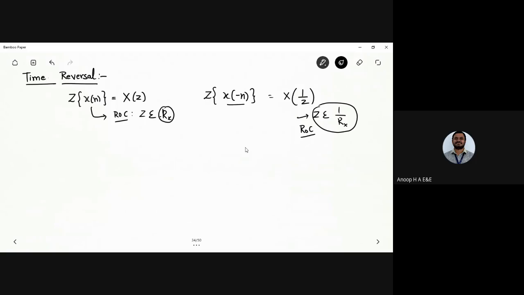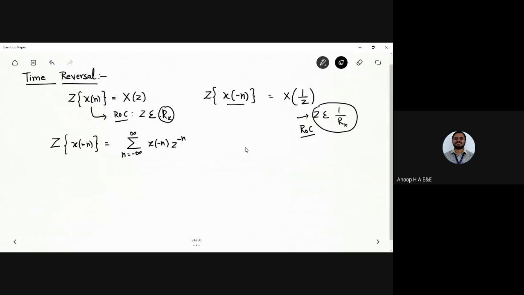Okay, so now moving on to the next one. How do I derive it? Let us recall the fundamentals again. Everywhere you go, you need to be very clear about the fundamentals, that is, x of minus n, sigma n equals minus infinity to plus infinity x of minus n z power minus n.